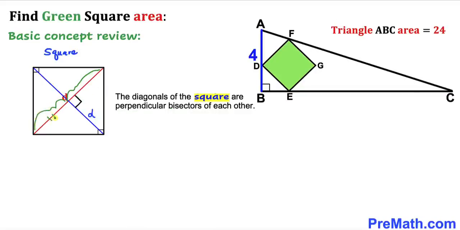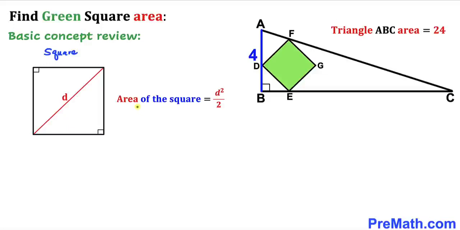That means these two segments are equal, and likewise these two other segments are going to be equal as well. And the length of all these four segments is going to be the same.